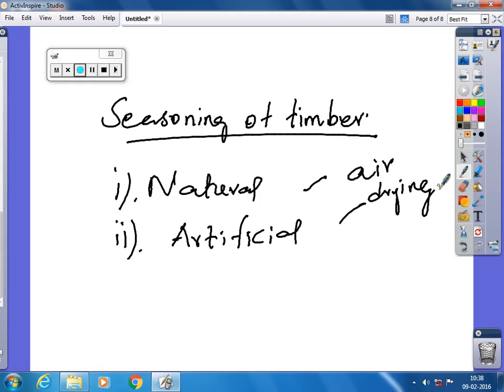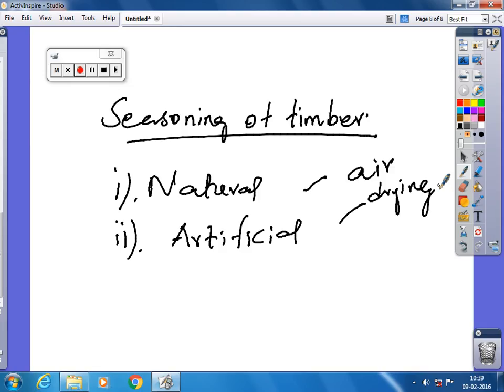How do you expose it only to air, not to sun? Only the top portion, the roof, is covered, and on all four sides it is open.